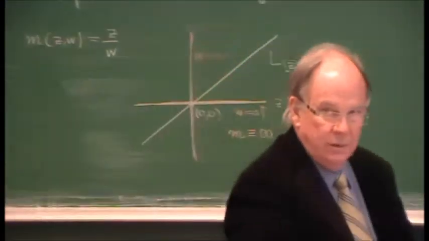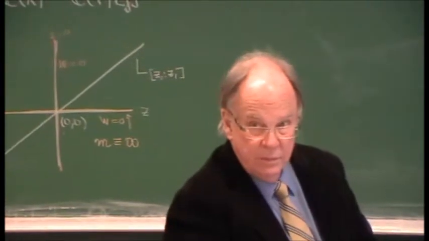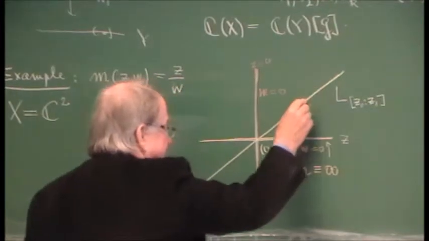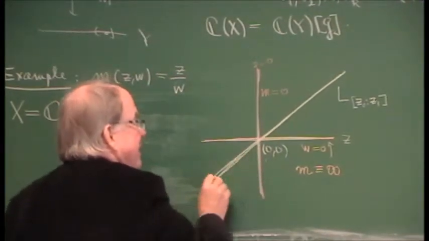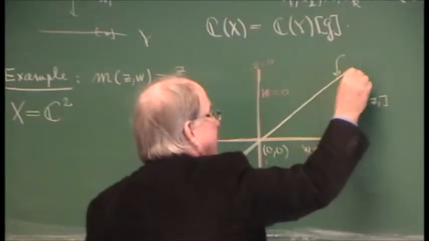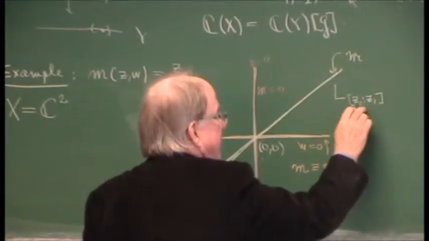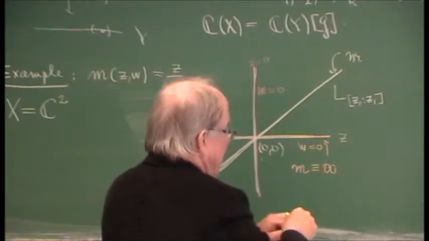How do you define it at 0? Well, I'm just going to tell you. You didn't object when I said it should be identically infinity here, identically 0 here. And then I'm going to tell you here it should be identically whatever it is. This is the line defined by that, so let me just say what that means.